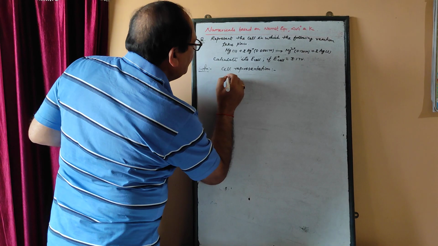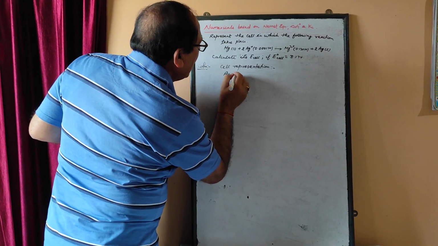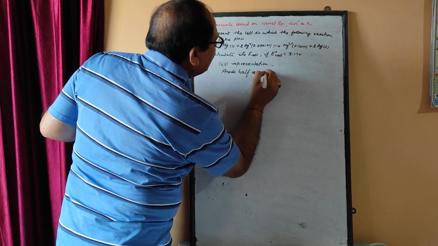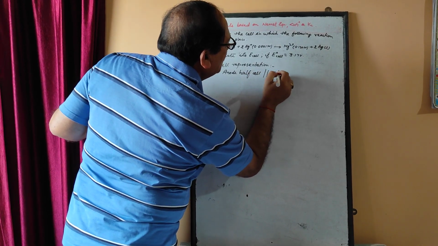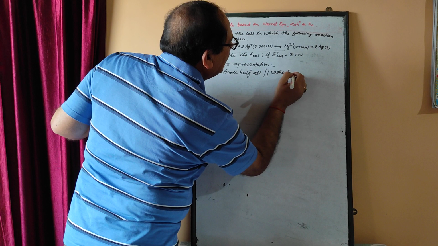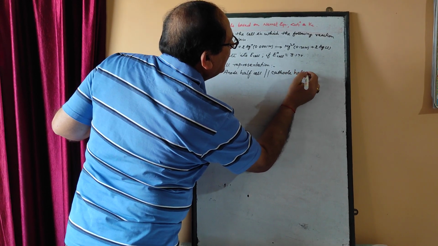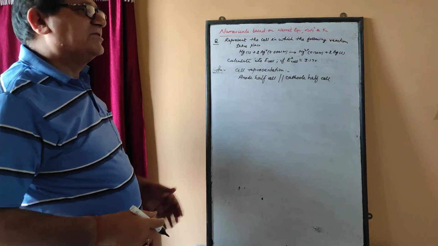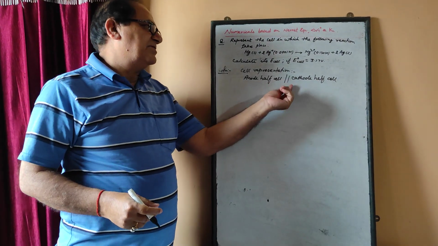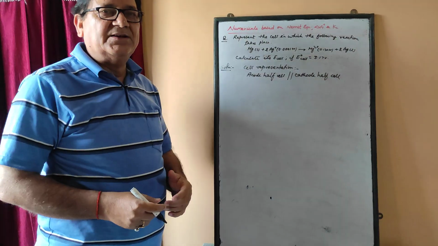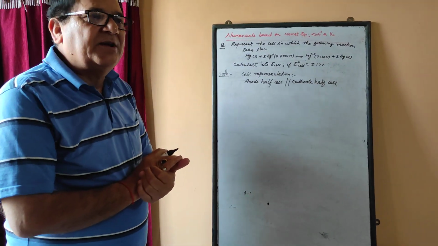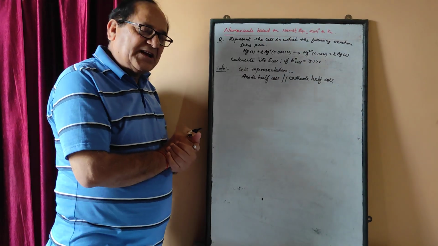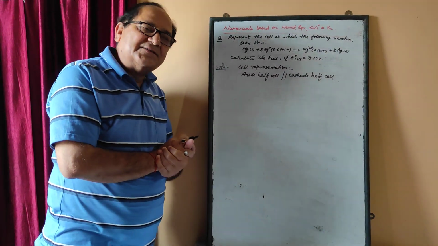Mind it, I have told you: anode half cell, then bridge, then cathode half cell. In my first lecture I told you the representation of a cell. On the basis of this numerical, check where oxidation takes place and where reduction takes place.